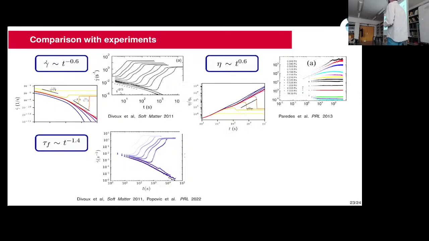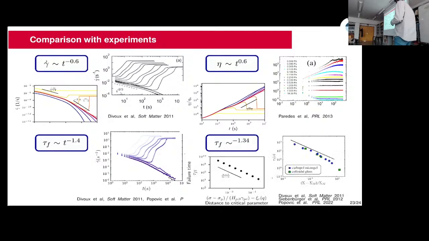We have the scaling of the viscosity, again in another paper, where we predict 0.6 scaling of viscosity, which actually corresponds to the scaling of all these systems. And we also find the scaling of the fluidization time as a function of the distance to the critical stress.